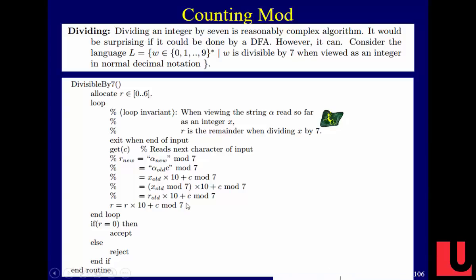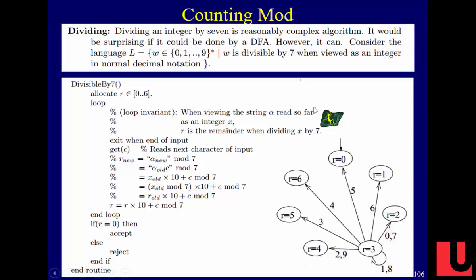So here, if I'm on 3, and I get a 0, then 3 times 10 is 30, plus 0 is 30. 30 mod 7 is hopefully 2, if I did my math right.